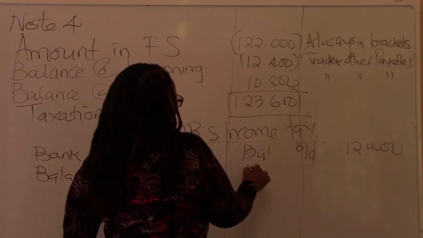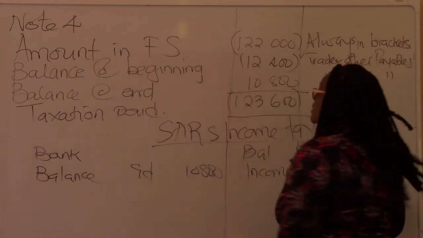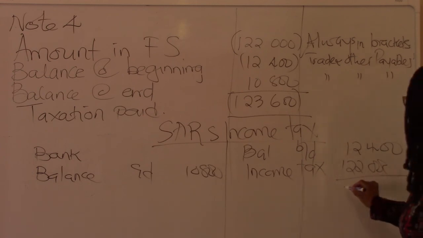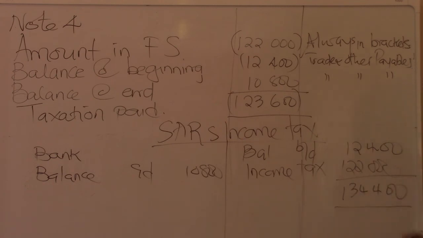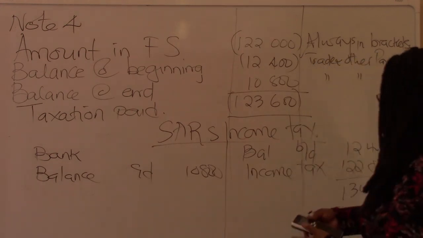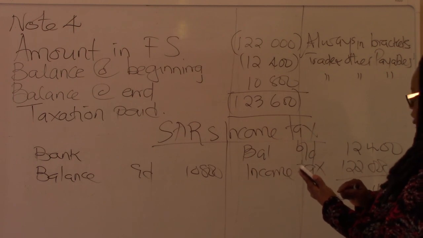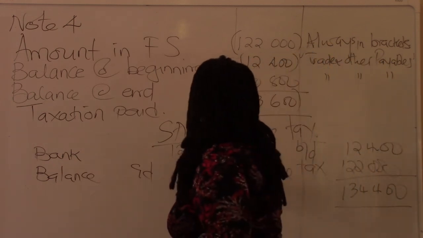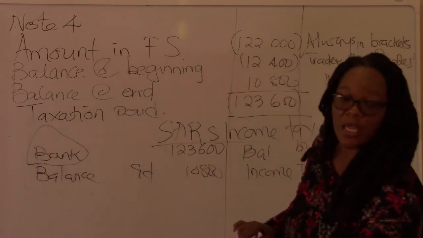And then I'm going to have my income tax here of 122,000. Now, 122,000 plus 12,400 will give me 134,400 minus 10,800. Let me cross check that. 134,400 minus 10,800 should give me 123,600. Good. This is my bank. This is what we paid.